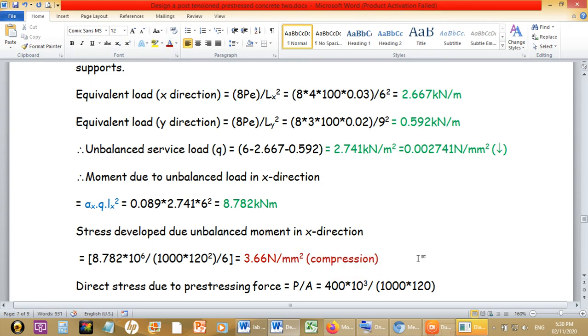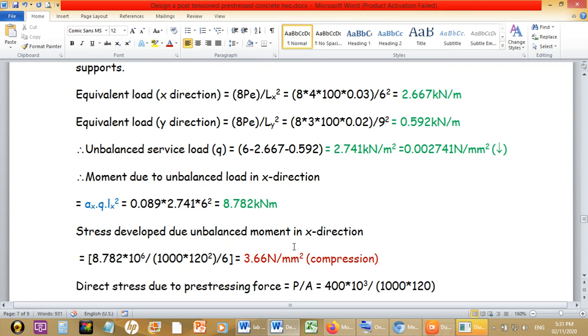If we see the stress profile, compressive stresses were developed at the top and tensile stresses at the bottom. But if we are designing for a type 1 member, then the tensile stress is 0 at the bottom, and at the top we get the maximum compression value, that is 3.66 Newton per mm square.